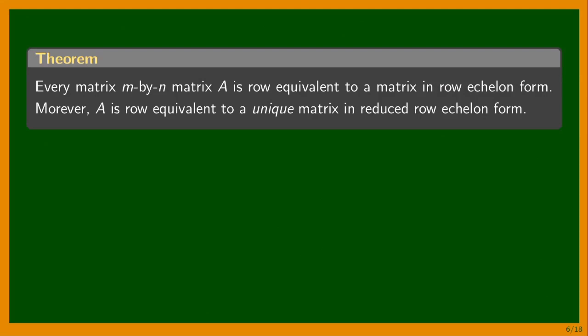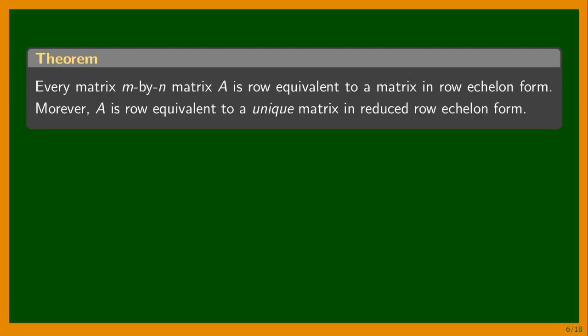In general, using this algorithm, we can always find a matrix in row echelon form that is row equivalent to A. Furthermore, we can always find a unique matrix in reduced row echelon form that is row equivalent to A. This is the reason why we prefer the reduced row echelon form over the row echelon form, meaning a matrix can be equivalent to many matrices in row echelon form alone.